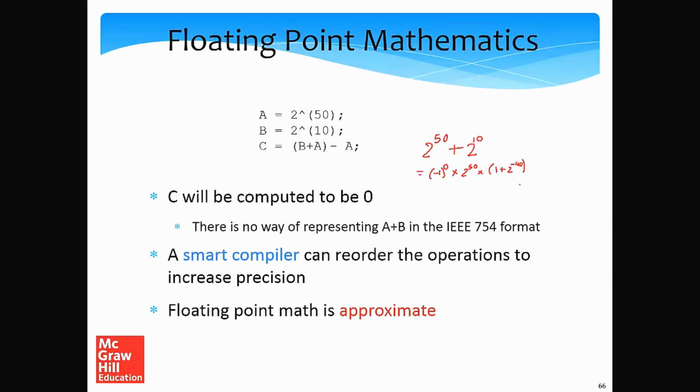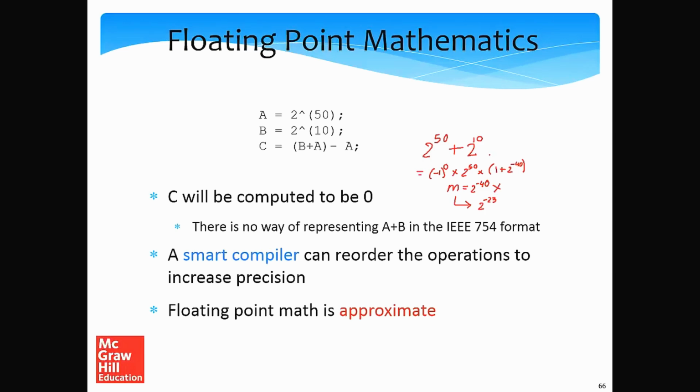So this is the only way that we'll be able to represent such a number. So the mantissa has to be 2 to the power minus 40, but the smallest value of the mantissa that we can possibly represent in our system is 2 to the power minus 23, right? So this is the smallest value that we can represent. As a result, this number cannot be represented in our system.